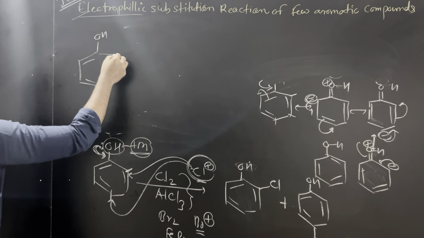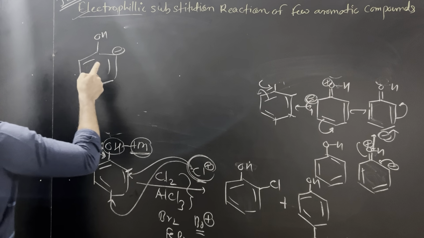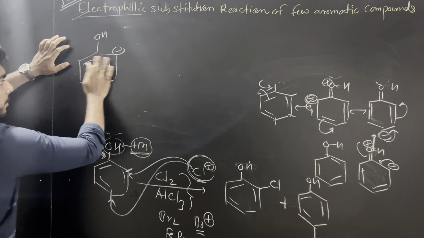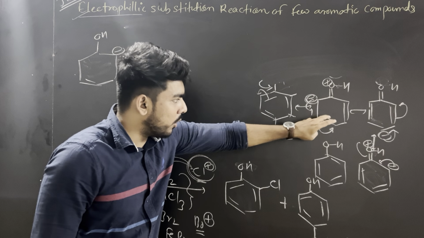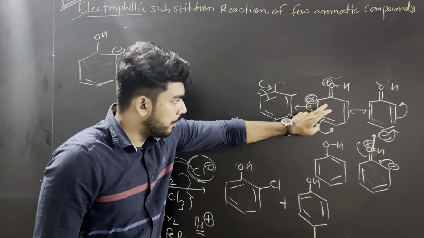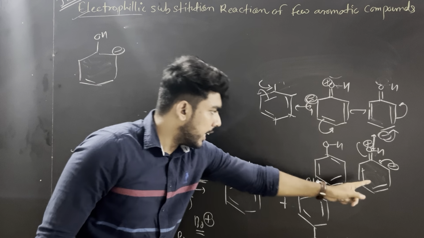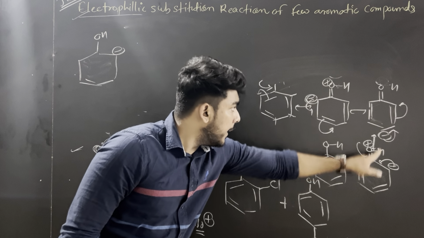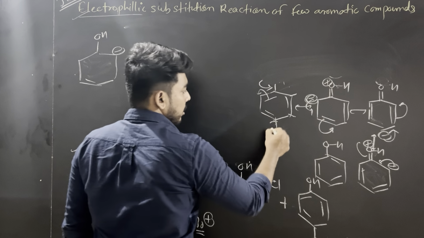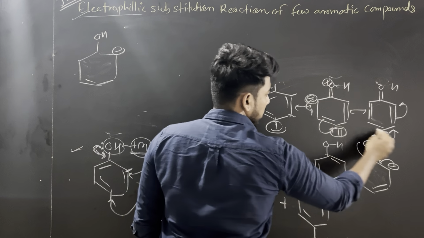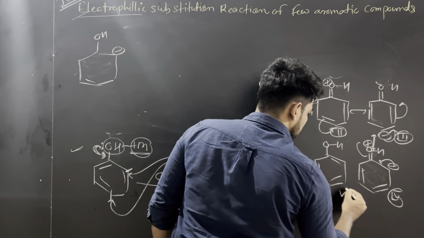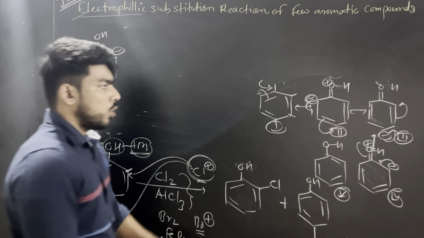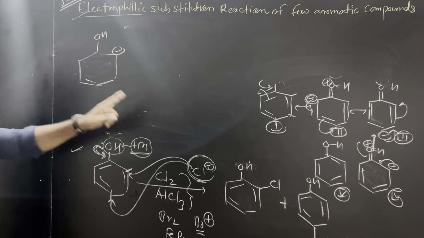Now we have a comparison between these resonance structures. I'm taking these resonance structures, numbering them 1, 2, 3, 4, and so on. I'm drawing the third and fourth again here.